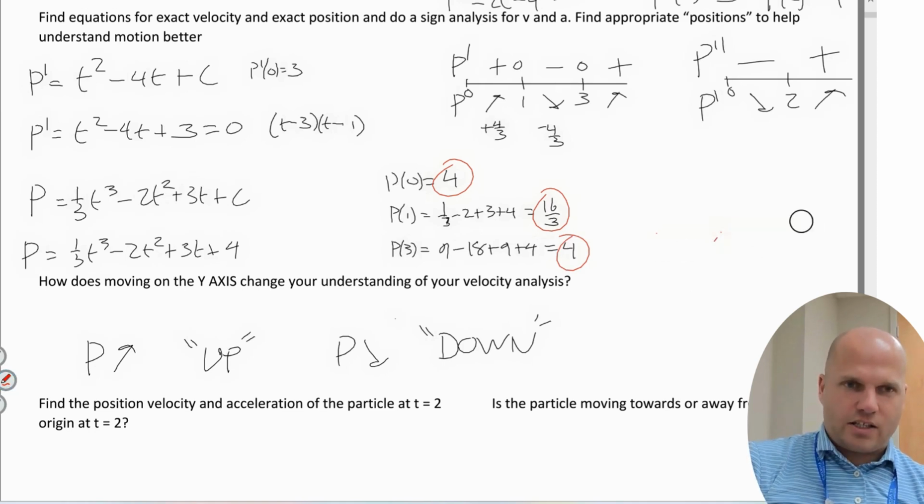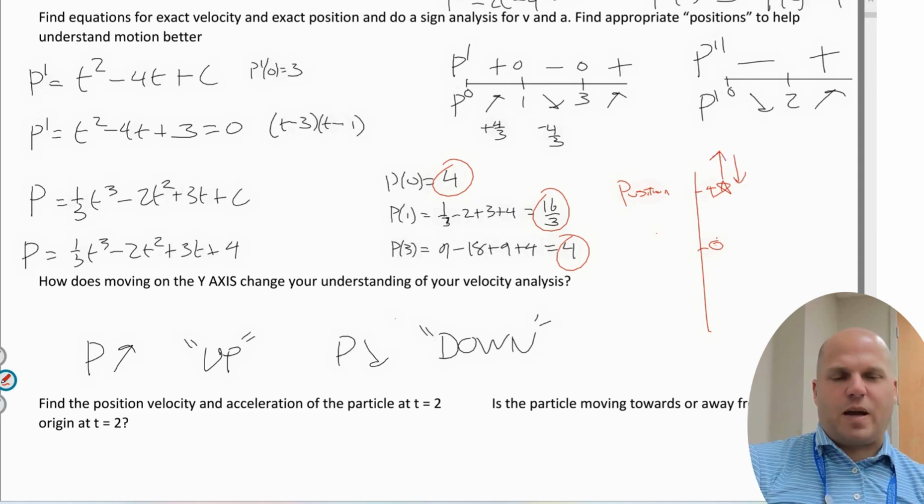Actually, sorry, y-axis. This is my position. Here's a position of 0. Here is my position of 4. My particle starts here, moves up, and then comes back down to where it started. So at 2, my position will be positive and decreasing.